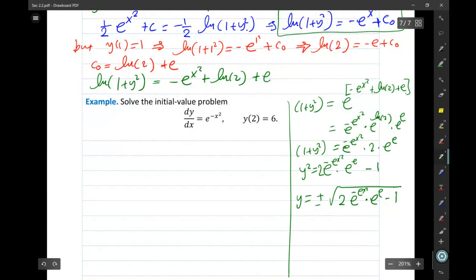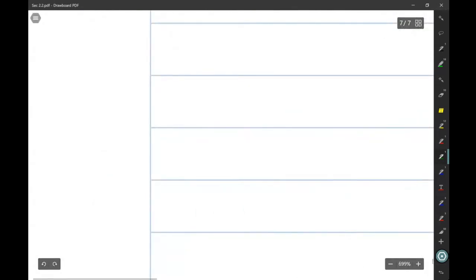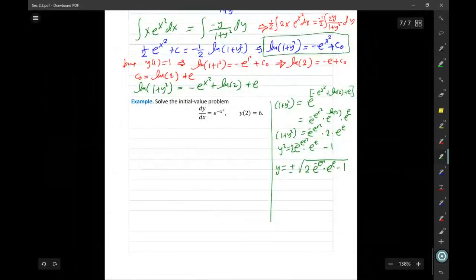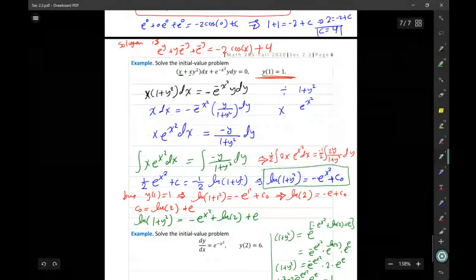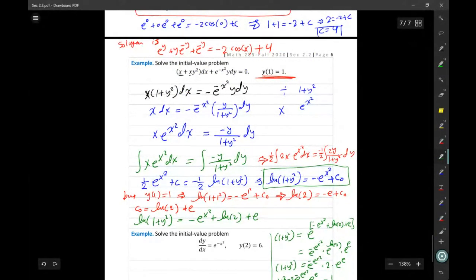But which of the two roots do you have to take? Have a look here. When we say y of 1 is equal to 1, this implies that y is equal to 1, which is greater than 0.